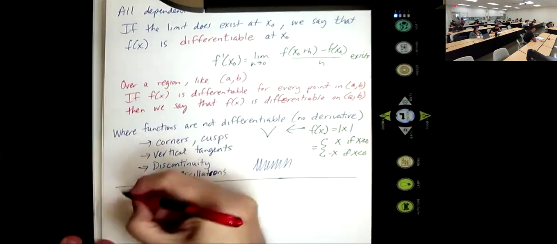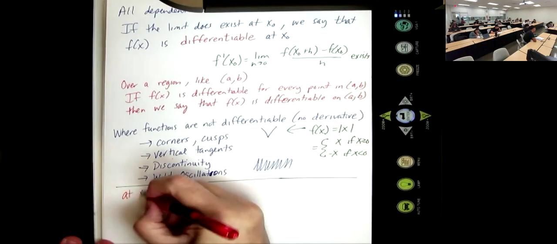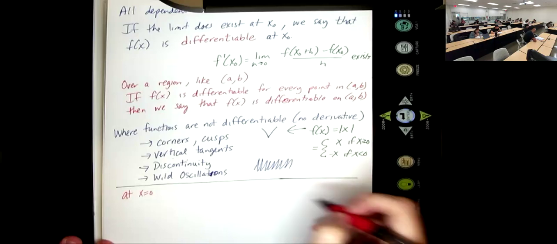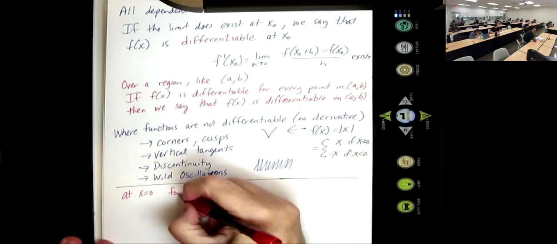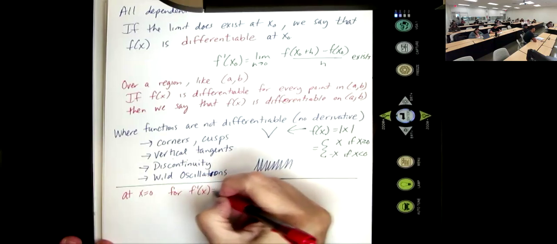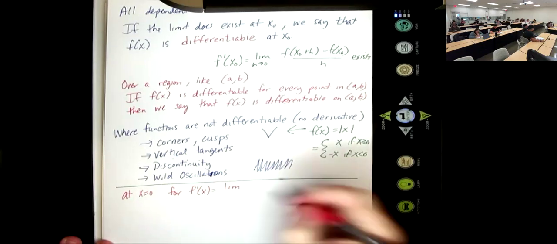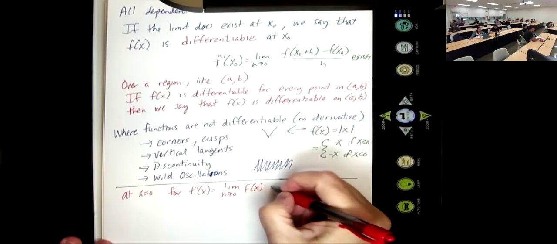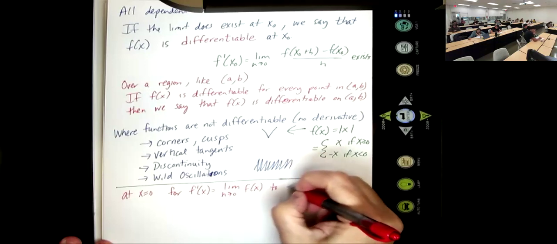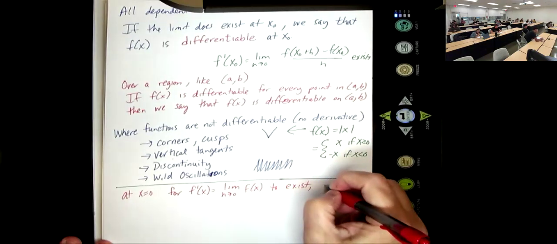So like, at x equals 0, for this limit to exist, for f prime of x equals the limit as h goes to 0 of f of x exists, it has to be from both sides.